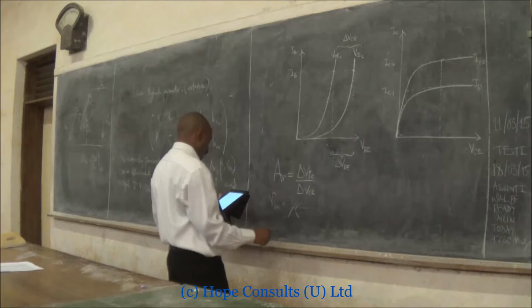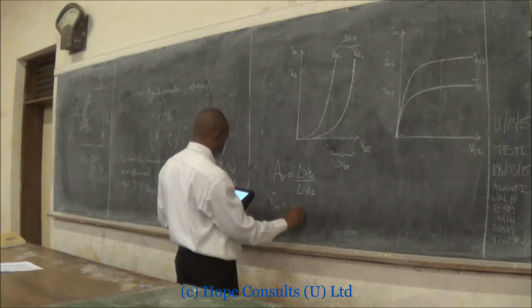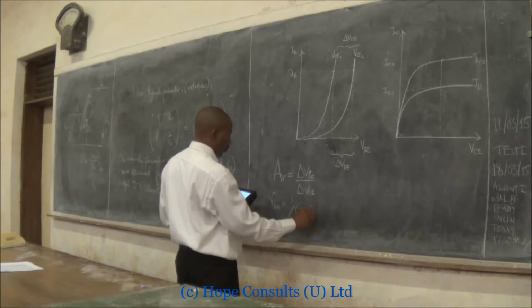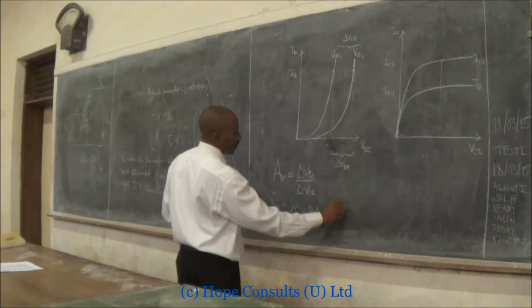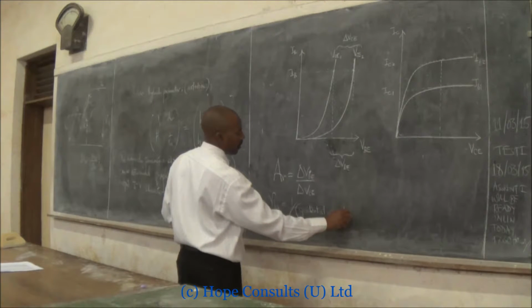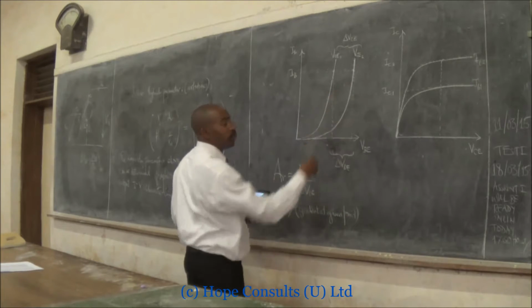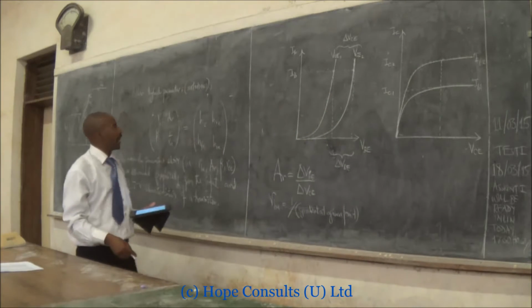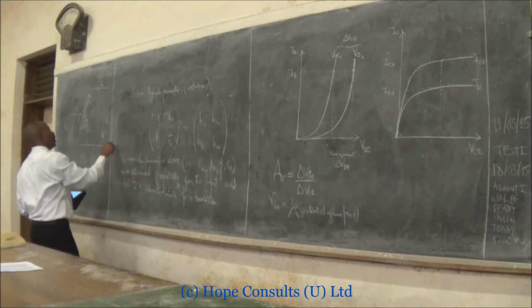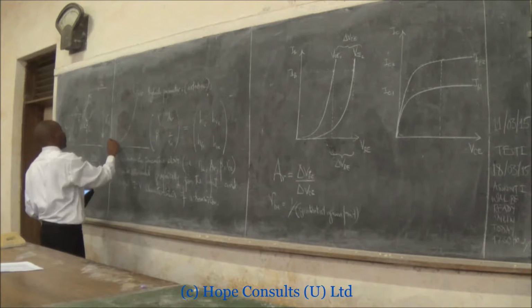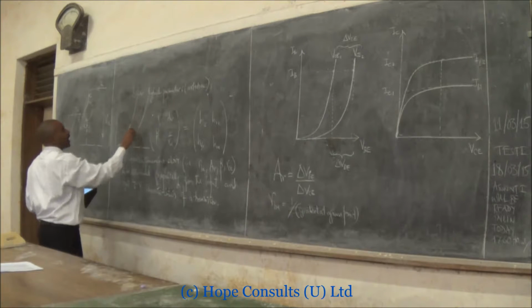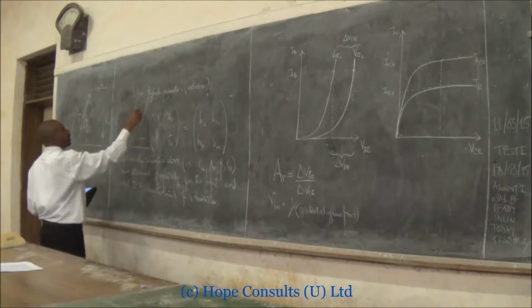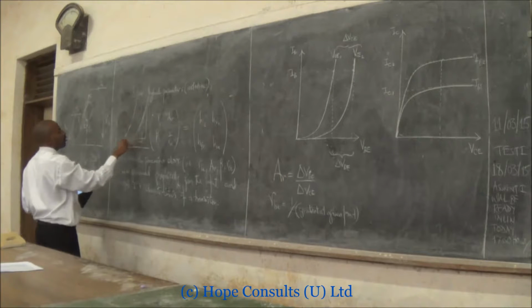1 over the gradient at a given point. If you took any point, as you are having this graph here, you can take any slope at any point, depending on how you take a tangent.